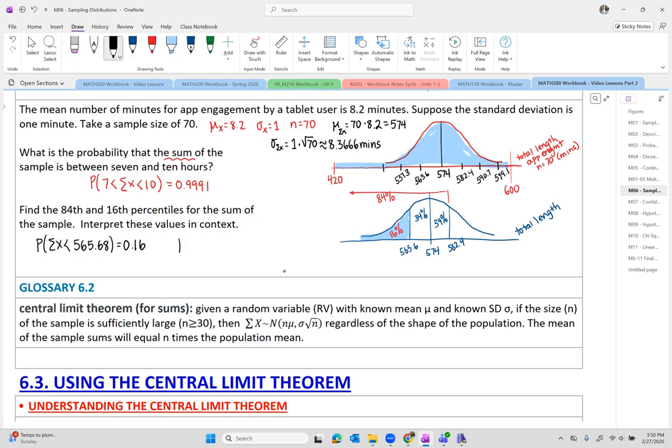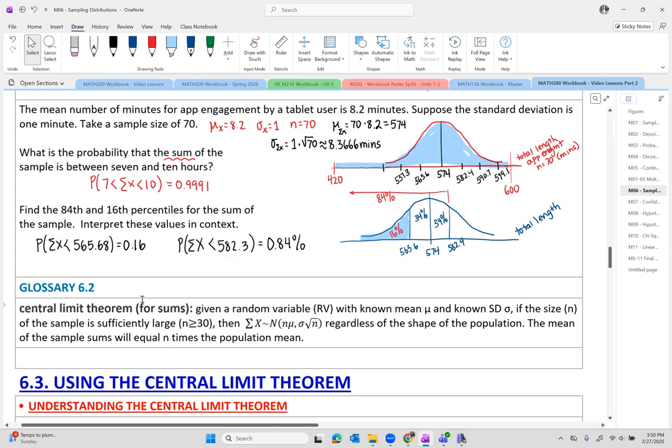So the probability that the sum of the app engagement times for the 70 users being less than 582.3 is 0.84. And again, 84% of the time, we expect the total time that 70 tablet users will spend on app engagement will be 582.3 minutes or less.